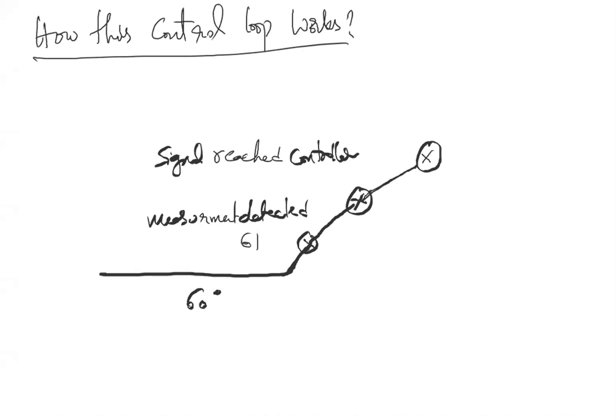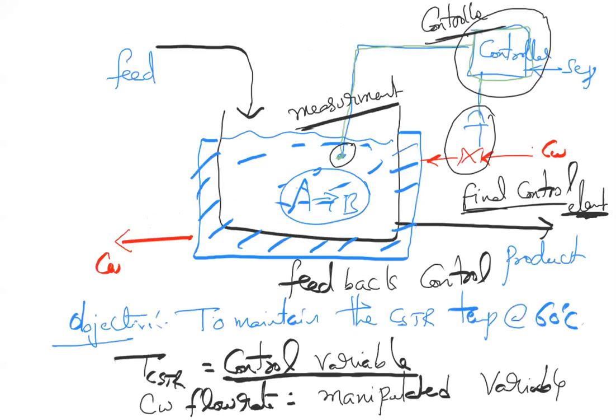So now you go here and see the sequence of events. First it detects the temperature, the signal reaches the controller, the controller compares with the set point, then accordingly it takes the control action. The controller is sitting in the DCS room.